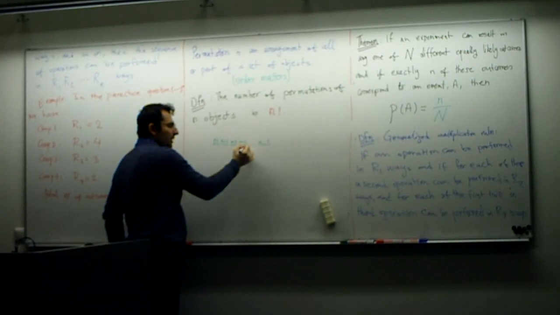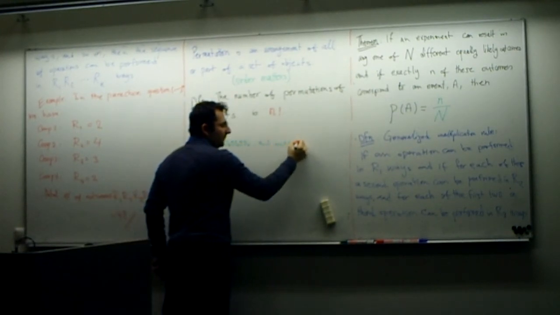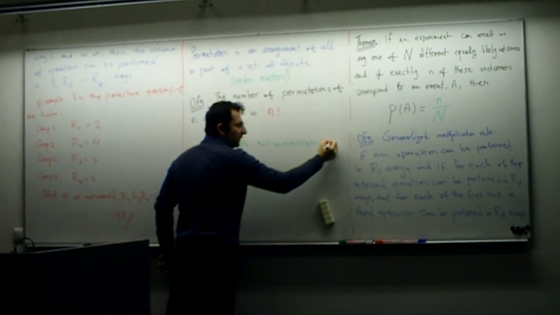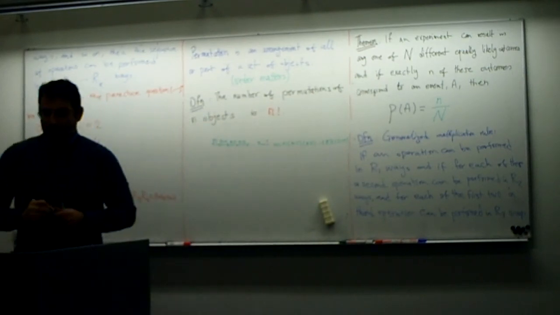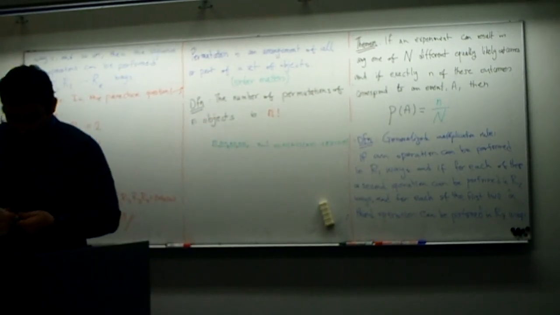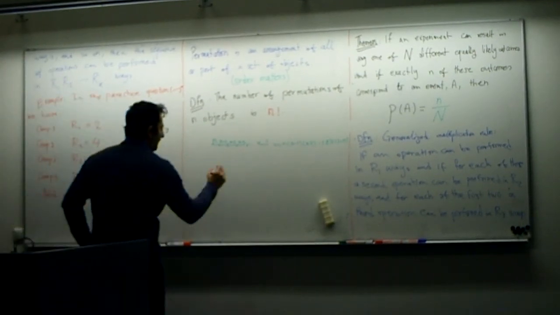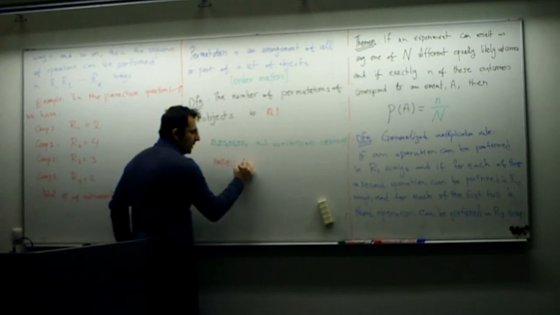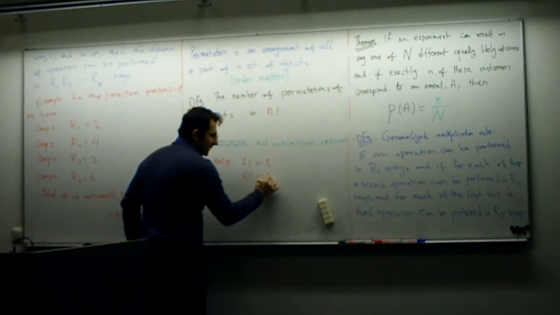Using the multiplication rule, I get n multiplied by n minus 1 multiplied by n minus 2, down to 2 multiplied by 1, which is n factorial. Note, 1 factorial is 1, and 0 factorial is 1.